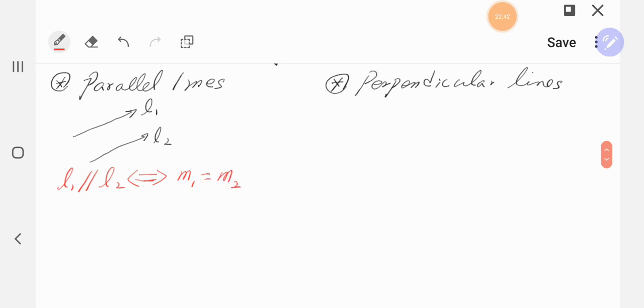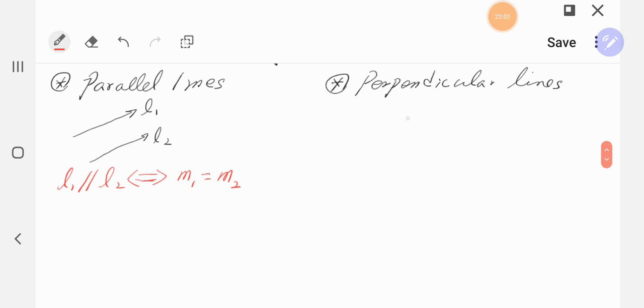So the slope of line 1 is equal to the slope of the second line. This is a very important concept. If 2 lines are parallel, then their slopes are the same, or if the slopes of 2 lines are the same, then the 2 lines are parallel.